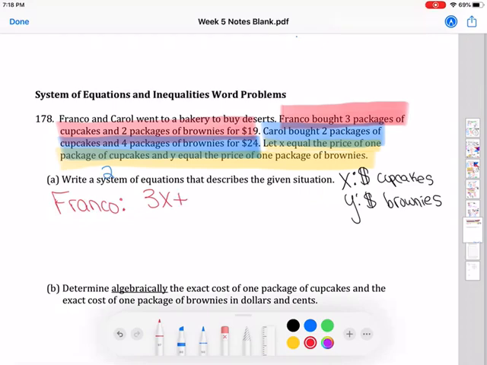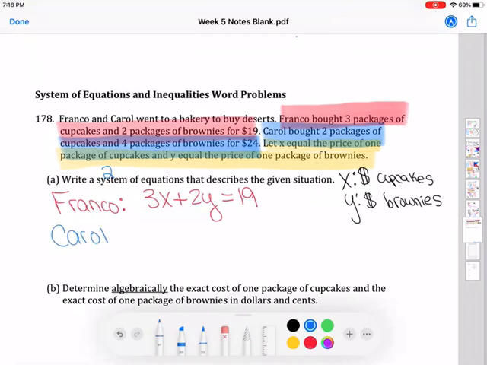And he also bought, so in addition to that, he bought 2 packages of brownies. Brownies cost Y dollars, so I would take that 2 packages and multiply it by what the cost of brownies is, which is Y. So 2 times Y. And when we add those 2 prices together, he spent a total, so equals, of $19.